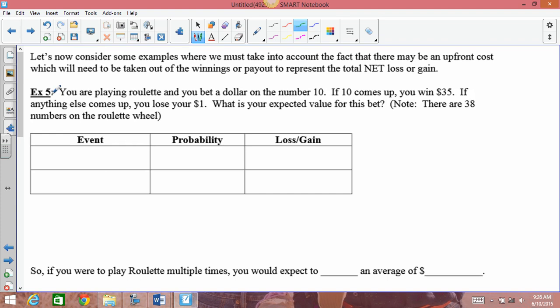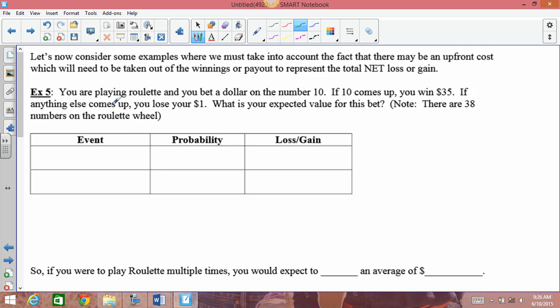Up to this point, it's been straight out exactly what your loss and what your gain is. Sometimes though, for example, you pay to play and you have a net winning or a net loss. Let's look at how that plays out in the next 2 examples.